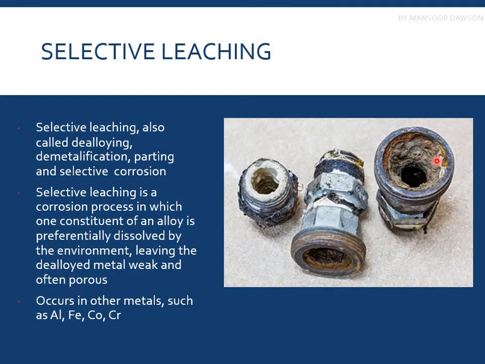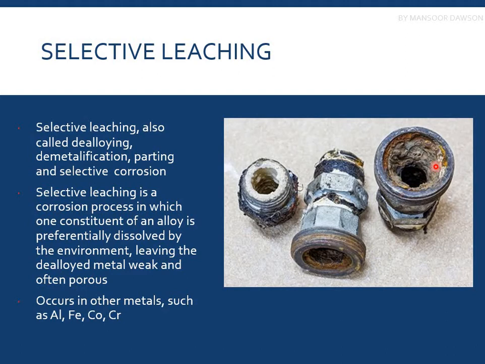leaving behind the copper, which would be porous now and weak, because the strength of brass is achieved by combining the properties of copper and zinc, not the properties of copper alone.